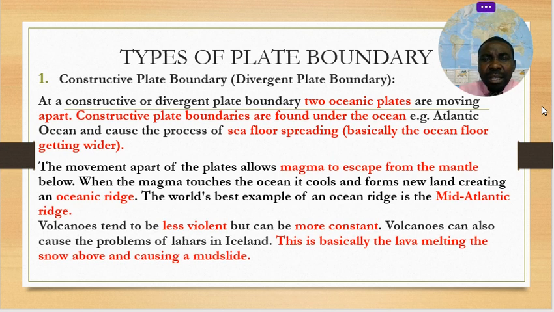That is, the two plates are moving away from each other. The two plates are moving apart from each other. And as they move apart under the ocean, it causes what is called seafloor spreading.